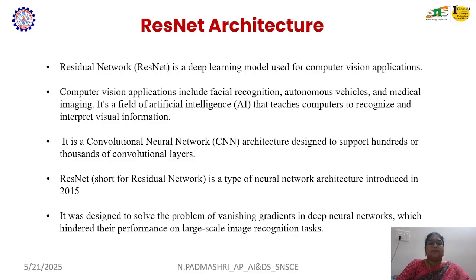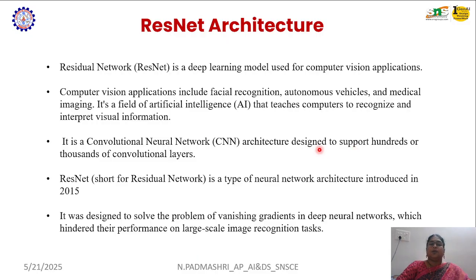The convolution neural network architecture is designed to support hundreds or thousands of convolution layers. Several layers are present in the convolution layer.